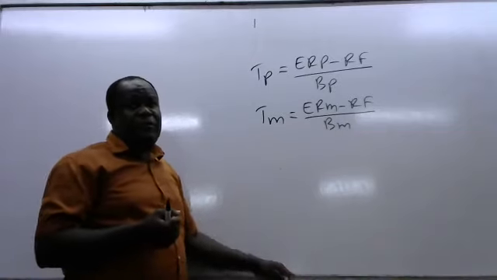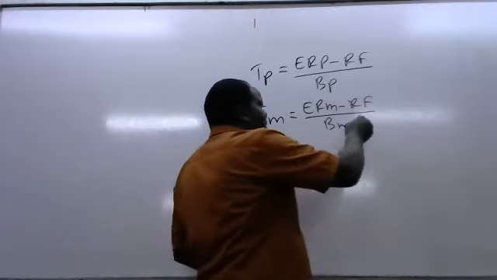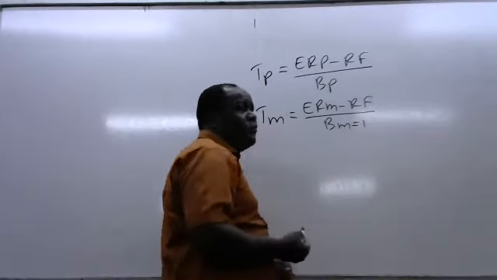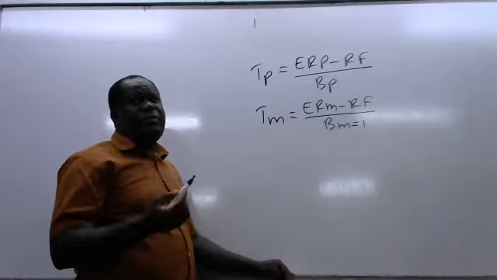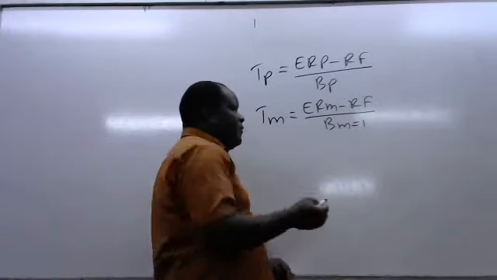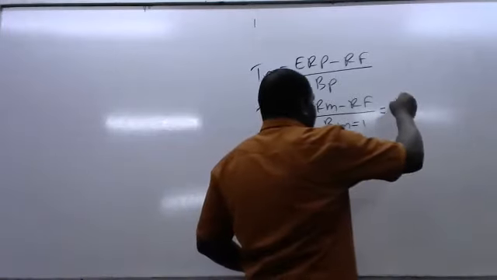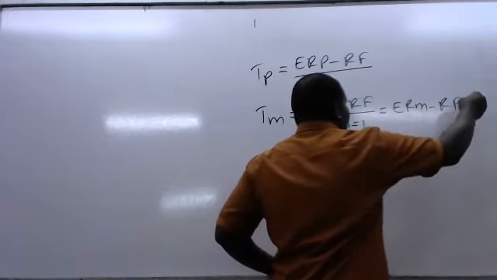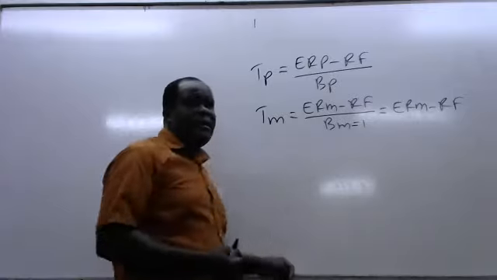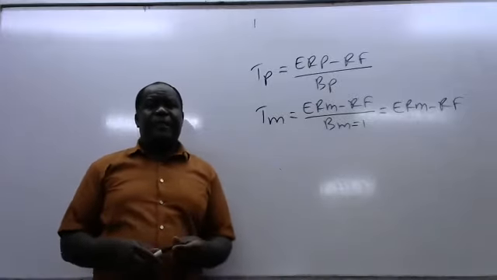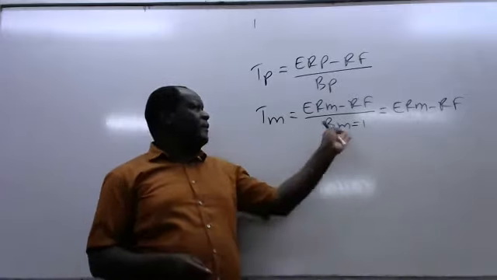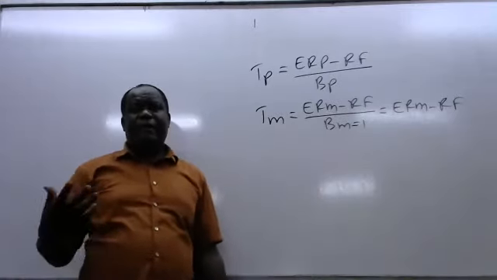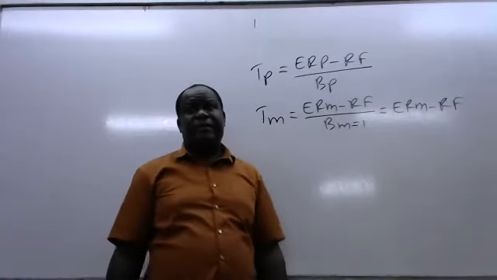But if you recall, we said that the beta factor of the market is always equal to 1. So we can do away with it, so that it will be the same as expected return of the market minus the risk-free rate, because a figure divided by 1 just remains the same.